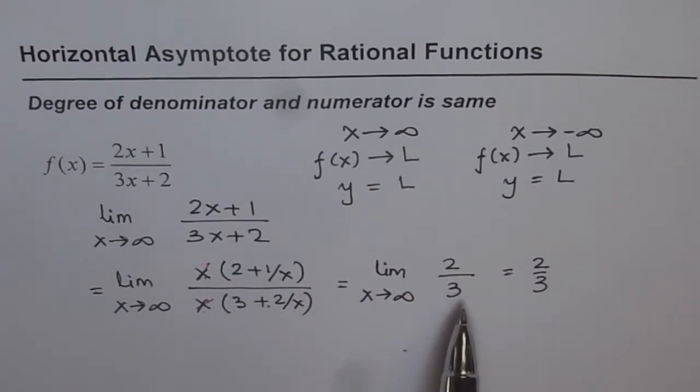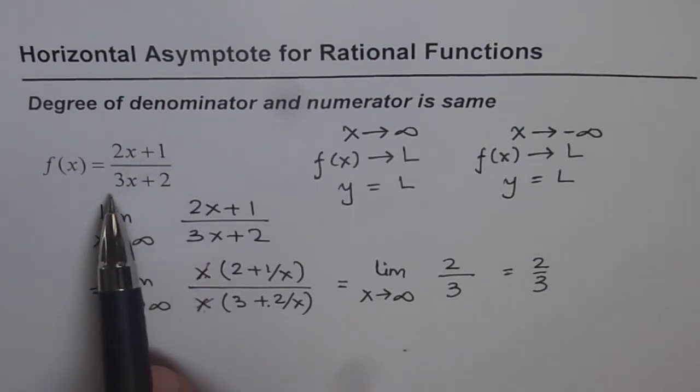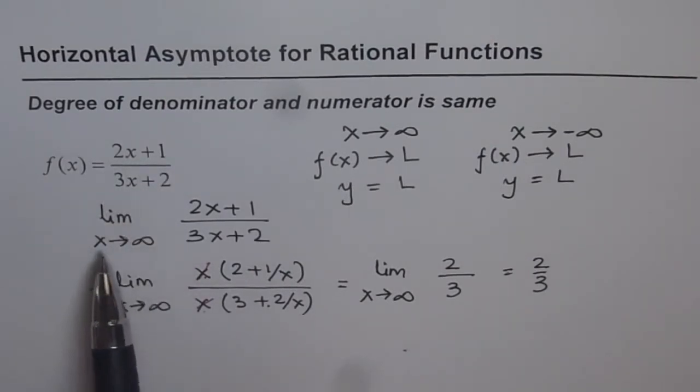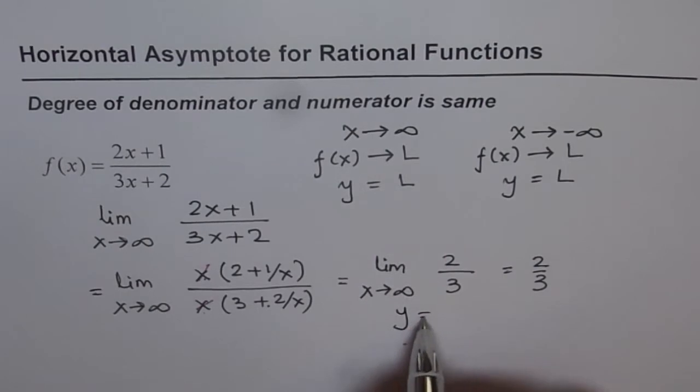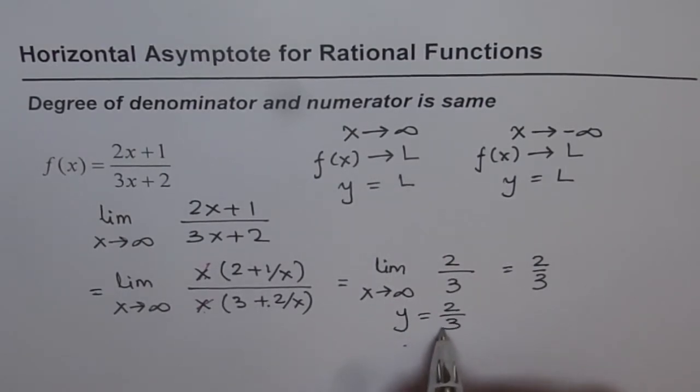As you can see, now our function, which was 2x plus 1 divided by 3x plus 2, as x approaches infinity, approaches a constant value 2 over 3. And therefore we can now say that there is a horizontal asymptote, and the equation of the horizontal asymptote is y equals 2 over 3, right?